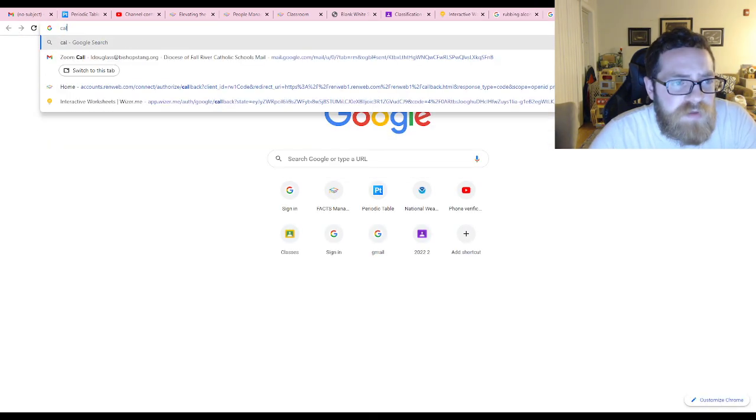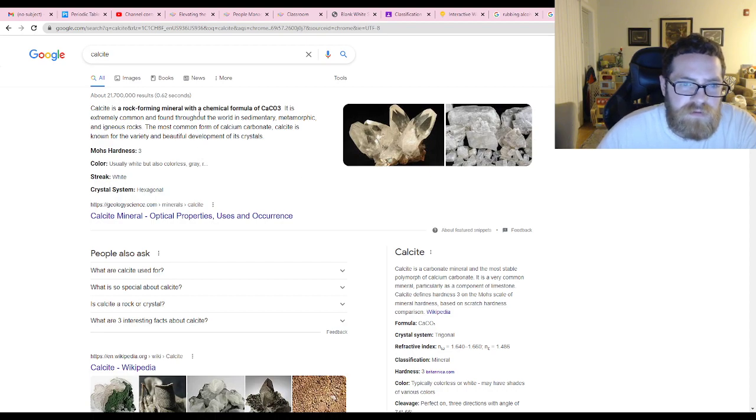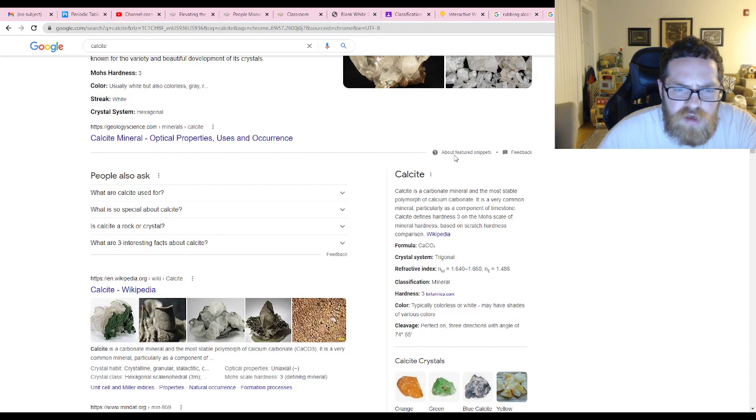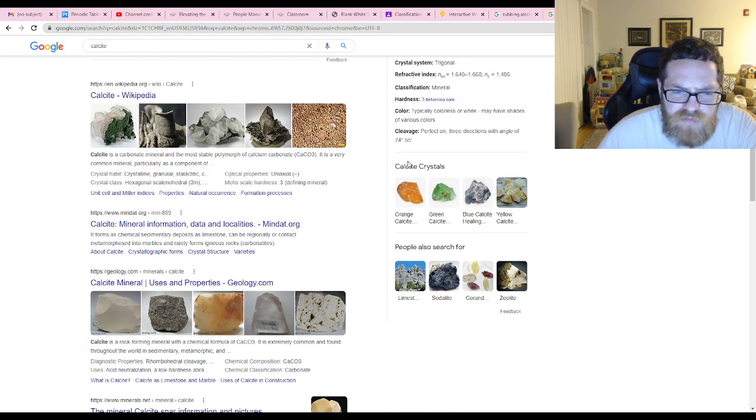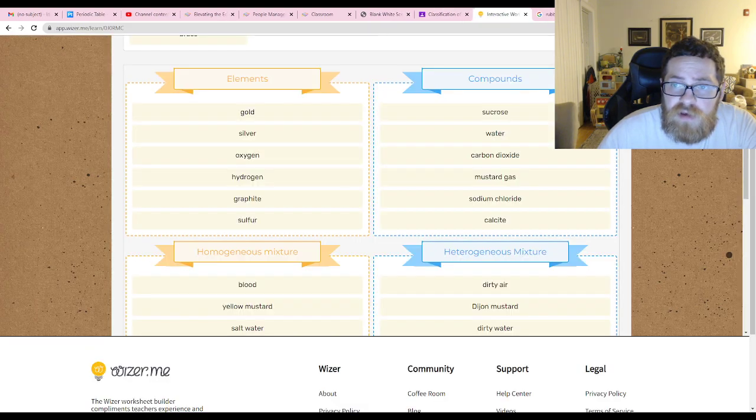Sorry, I think I was thinking of the wrong compound. Calcite. Calcite rocks. Nope, that should just be calcium carbonate. I couldn't remember if they would have inclusions. So that would just be a single compound.